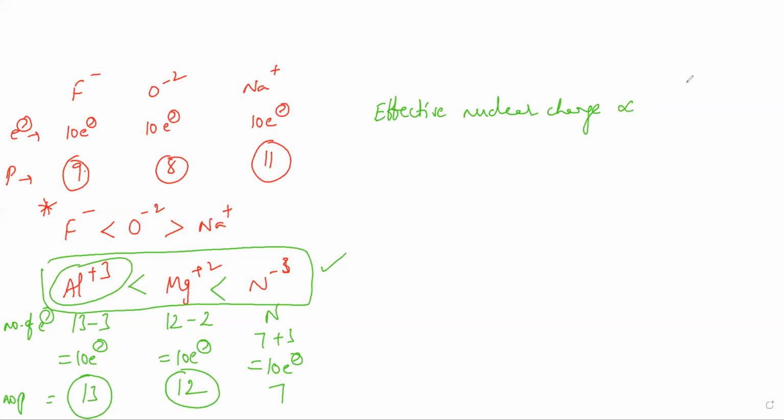That means effective nuclear charge is inversely proportional to the size of the ion. As the effective nuclear charge increases, the size of the ion will decrease. So they are inversely proportional to each other, right? So this is one very frequently asked question, right?